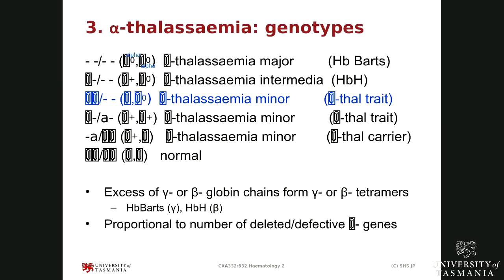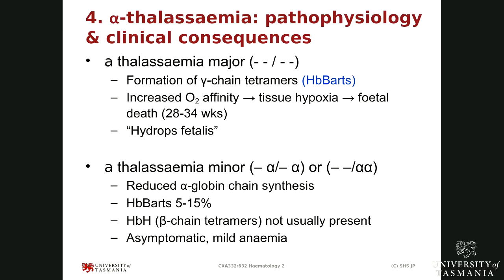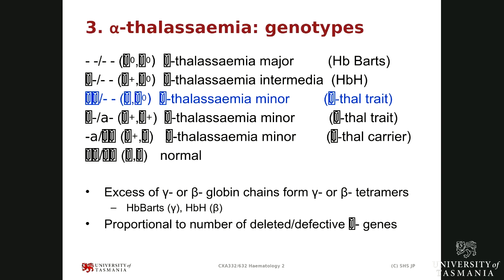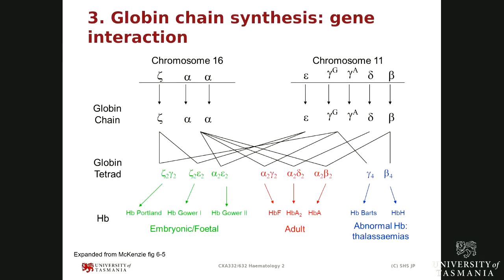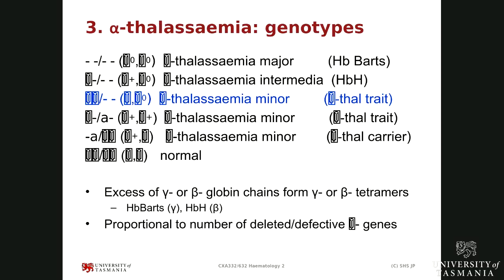And so you can see here that we have hemoglobin Barts here, and so we have no alpha chains being produced, but in the fetus or in the embryo, we get excessive gamma chains, and then once the child is born, as in alpha thalassemia intermedia, we can get beta globin chains being formed, and that forms something called hemoglobin H. So hemoglobin H is when we have beta tetramers, so we have 4 beta chains that have combined together.